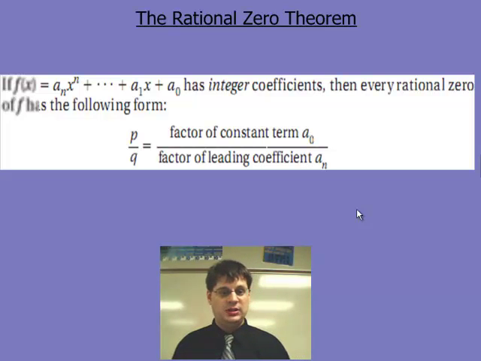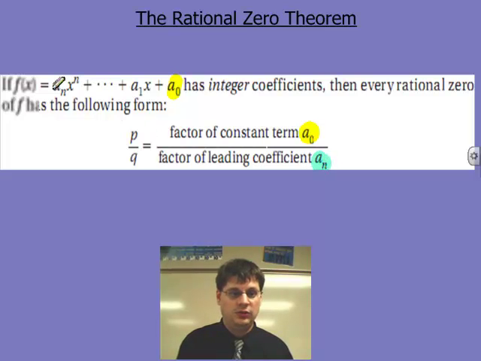Basically, all it says is if given a polynomial that has integer coefficients, so they must be integers, then every rational zero has the following form: p over q, where p represents the factor of the constant term, a sub 0, and q is the factor of the leading coefficient, a sub n, provided that it's in descending order.